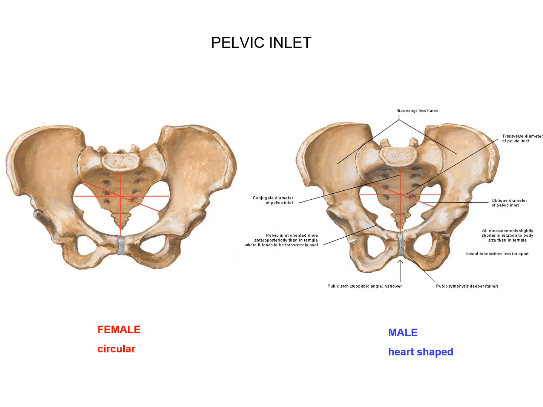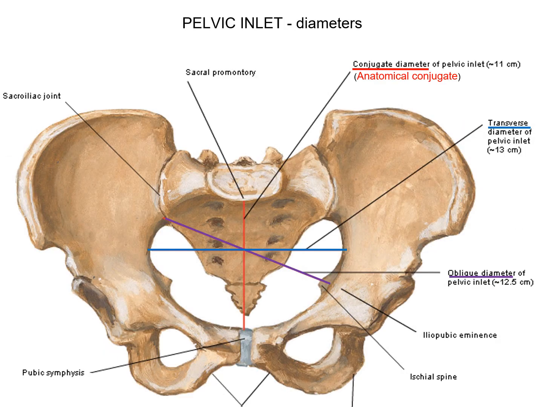The pelvic inlet in females is circular in shape compared with the heart-shaped pelvic inlet in males. The diameters of the pelvic inlet are the transverse diameter, 2 oblique diameters, and the conjugate or sagittal diameter. The transverse diameter is the maximal distance between similar points on opposite sides of the arcuate line of the pelvic inlet.